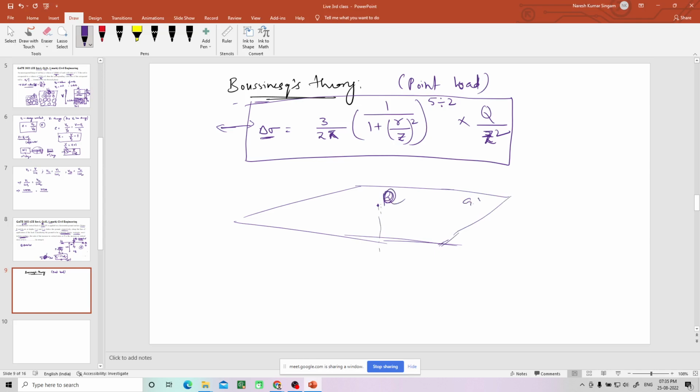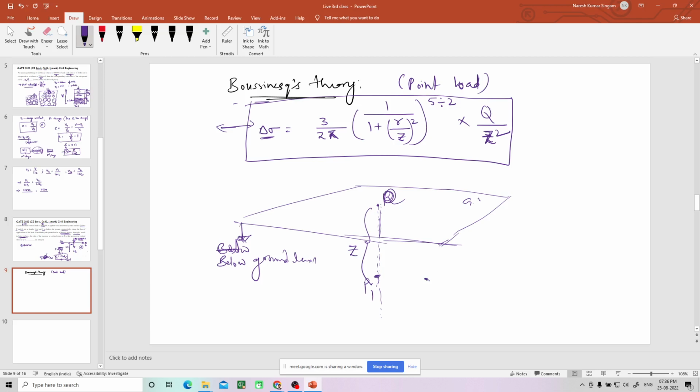Okay, this is below ground level, in this direction. Now if you take a point, let us say P1, there is some depth, that is Z. But if you take a point here which is away from this vertical line passing through the application of the load, it is somewhere here.